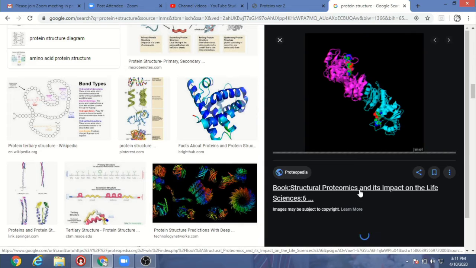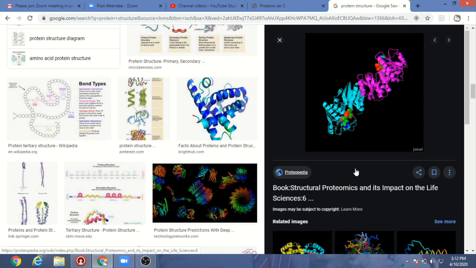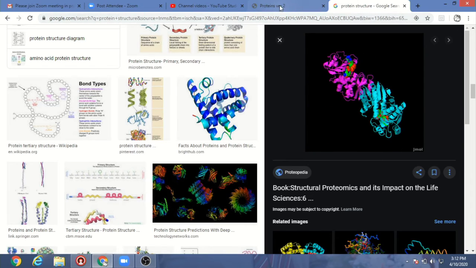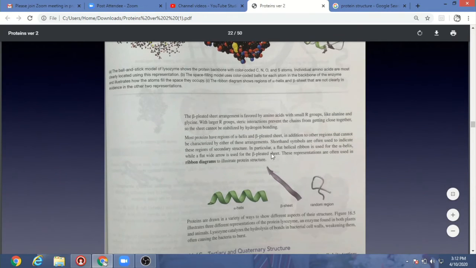But yeah, again, proteins are huge, and so there's a vast, almost infinite amount of proteins that exist, and you're typically going to see these ribbon diagrams, so you can keep it easy. And you can look at specific regions and see what's going on.